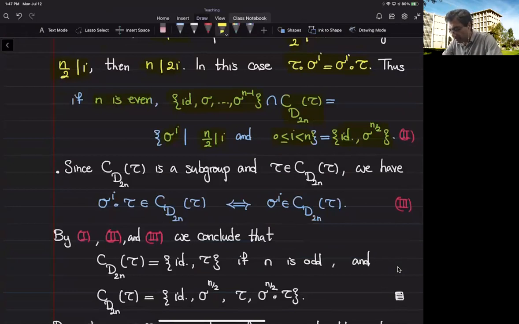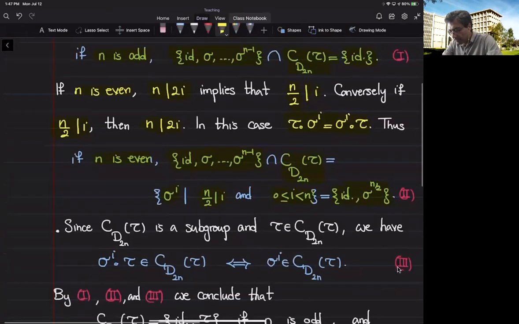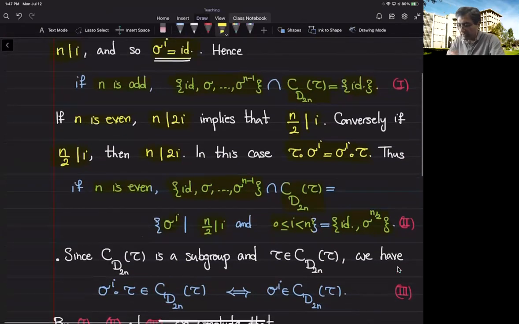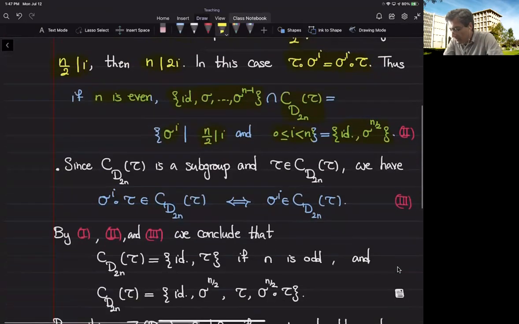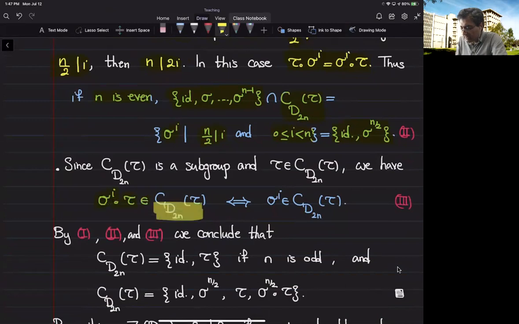Okay, now, so far we understood the intersection of the centralizer with the set of rotations. How about reflections? We notice that because tau is in the centralizer, we immediately get that sigma to the i composed with tau is in the centralizer if and only if sigma to the i is, because when I multiply by tau I can get rid of this.